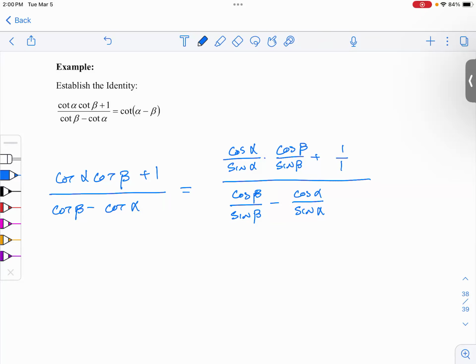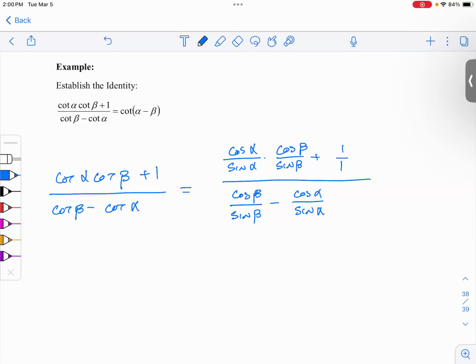Common denominator, absolutely. Specifically, common denominator among the numerator, common denominator among the denominator, because what am I going to want to do next? We do common denominator among complex fractions in order to get rid of the fraction.